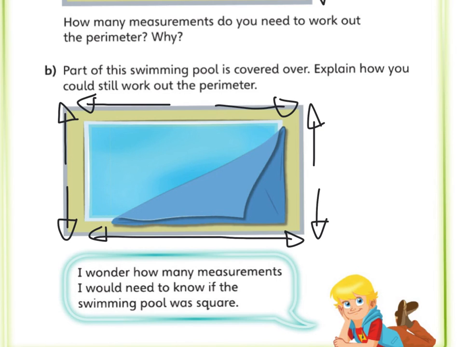Now we don't know what it is because we don't know what the length is worth, but if we did know the length and the width of one side, we would know how to work out the perimeter.